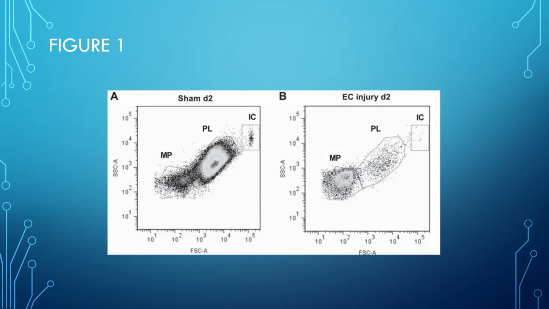Now let's look at figure 1, where the researchers wanted to see whether the different treatment groups that we said were able to inhibit platelet activation actually worked. So first we have panel A, which is the control, and panel B, which is the platelet depleted group. And we're looking at a flow cytometry depicting different microparticles, which is MP, platelets, which is PL, and the immune complexes, which is IC.